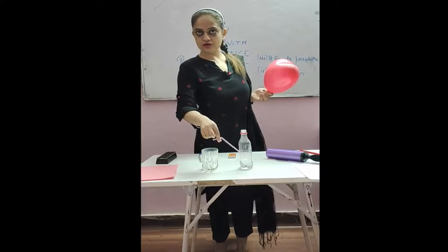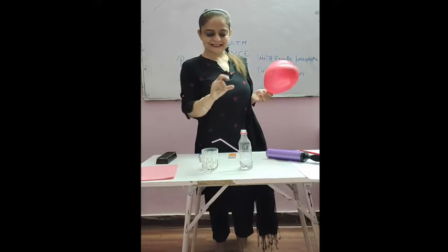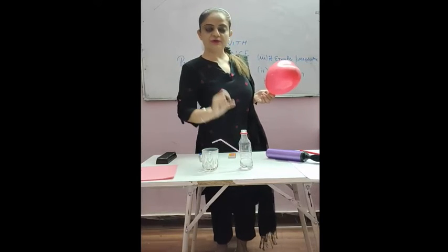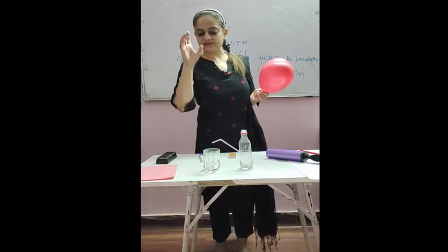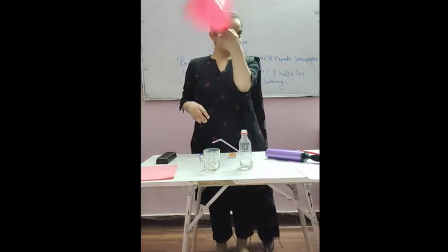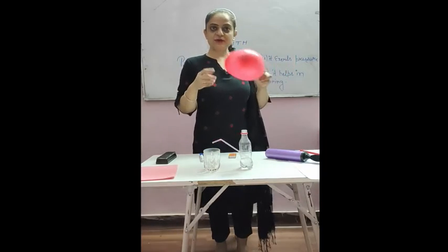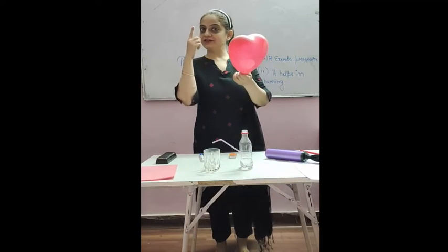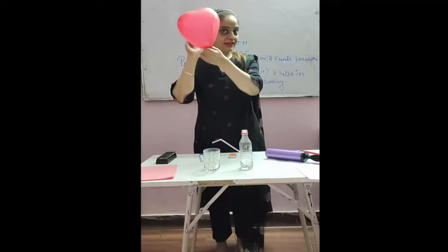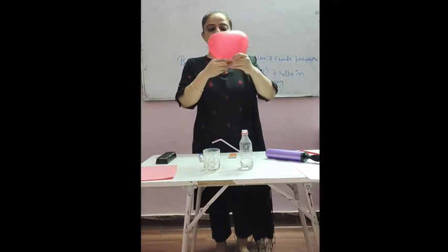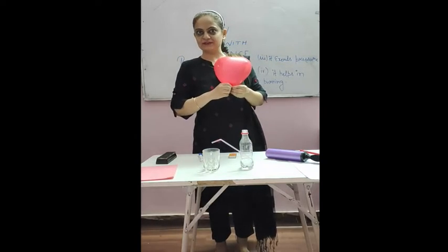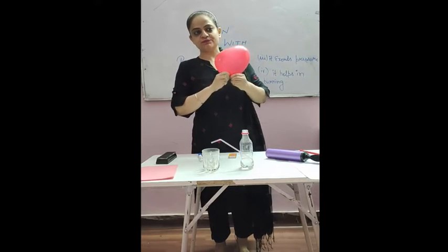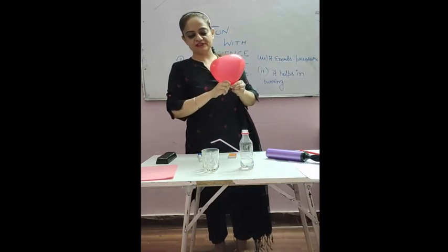Then we have fitted the straw inside this. I have taken some amount of water in this bottle and kept a glass over here. Main thing, I had one deflated balloon and then I filled air inside the balloon. Now I have to do this carefully. I need to place the mouth of this balloon.